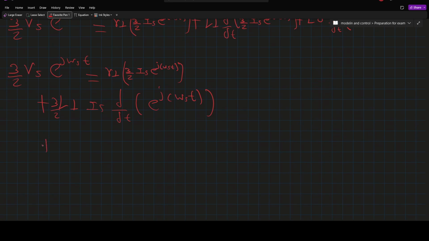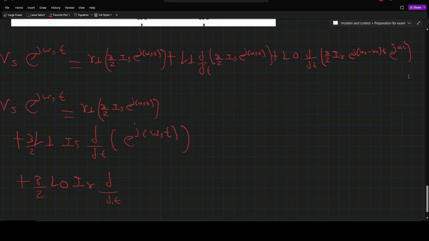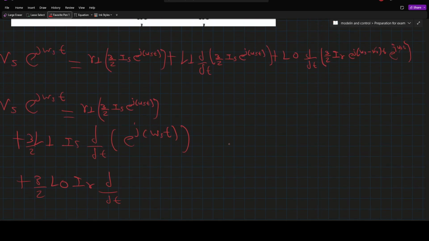For the other one we have again 3 halves L naught I R and the derivative of, so we look here, omega R t minus omega R t plus omega R t, so this one and this one can go, and we are left with j omega s.